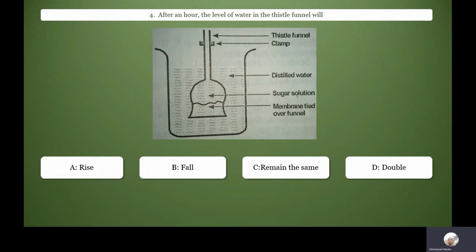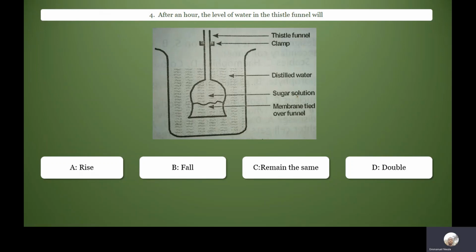After an hour, the level of water in the funnel will rise. The correct option here is A. You can see the funnel is covered with a membrane. The membrane is semi-permeable and there is sugar solution in the funnel, and it is inside a beaker of distilled water.